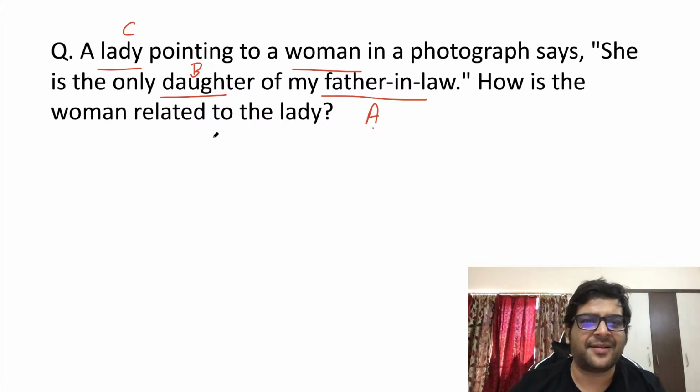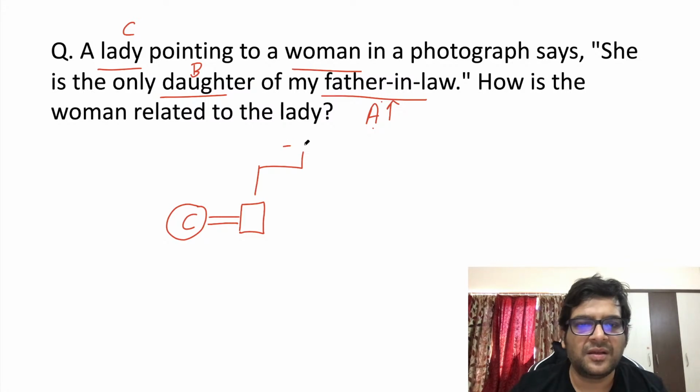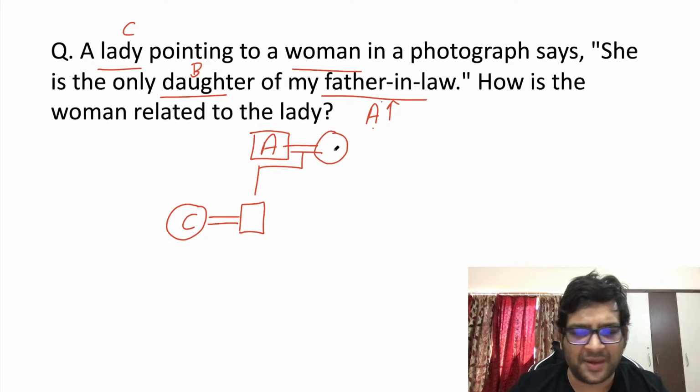Okay, let's check. So C is the lady pointing. Start with the end. It's always easier. My father-in-law. So this is C, my father-in-law A, a male, is married to someone.